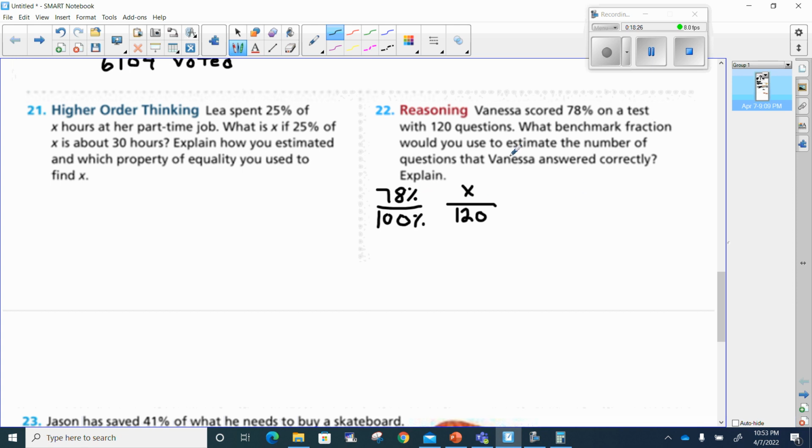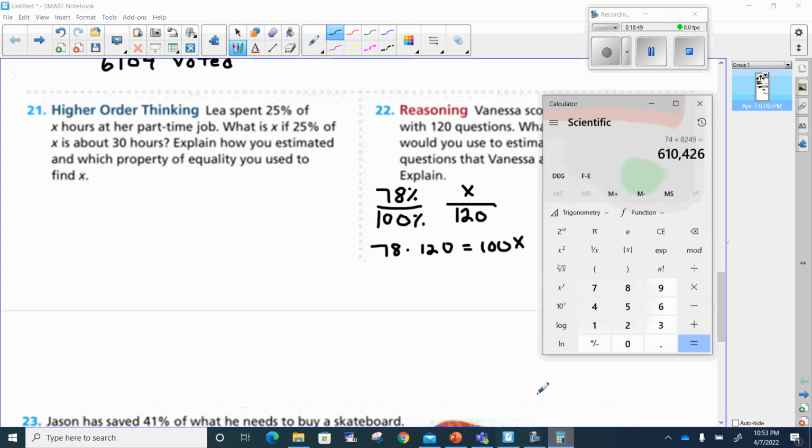So how many of those were there? Okay, so what benchmark fraction could I use? Well, whatever it will be over 120. This is going to give us 78%. 78 times 120 has to equal 100x. So we need to take 78 and multiply it by 120.